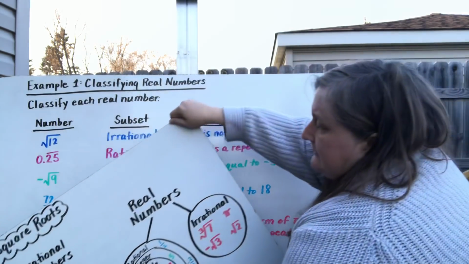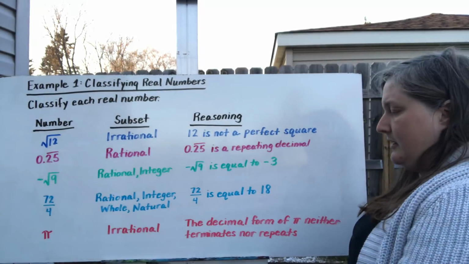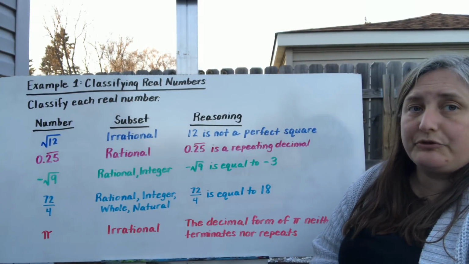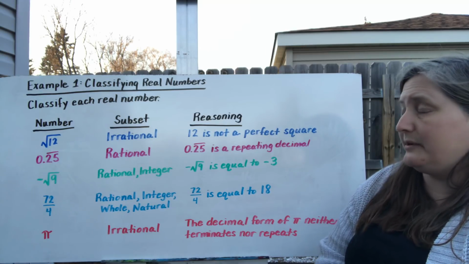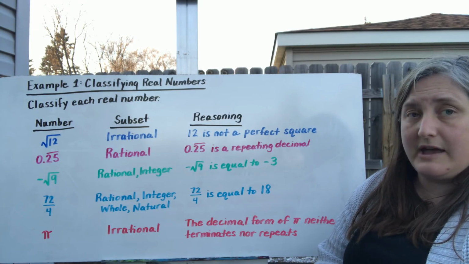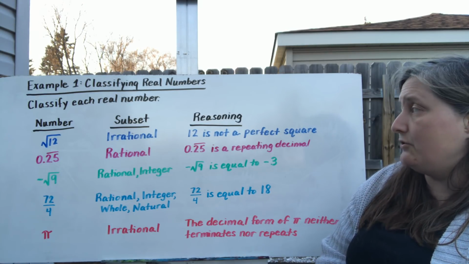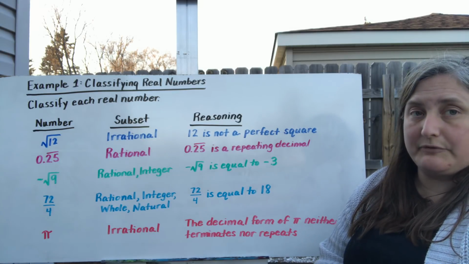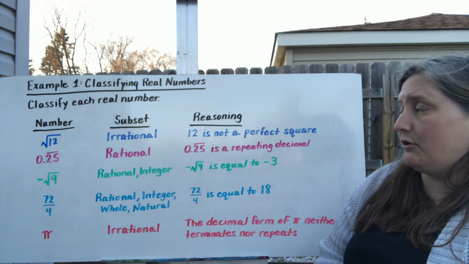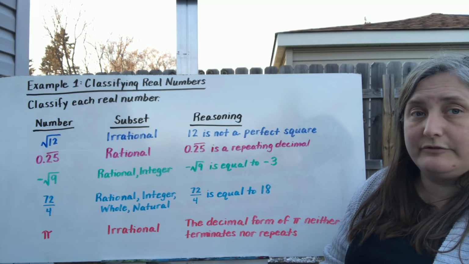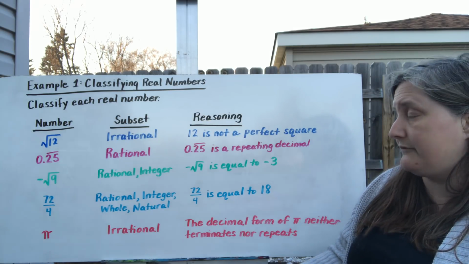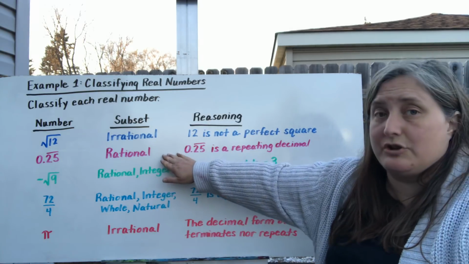So let's talk about classifying some real numbers. If I was asked what groups the square root of 12 fits in, I would say it's irrational. When something's irrational, it's not going to fit into any other category, and I know that it's irrational because 12 is not a perfect square. 0.25 repeating, so 0.25, 25, 25, 25, going on forever, is rational.